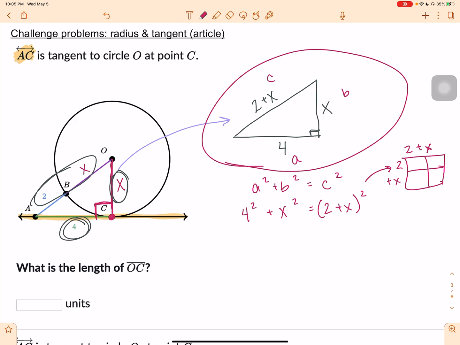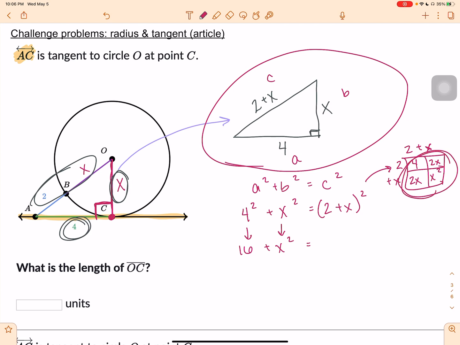Okay, 2 times 2 is 4. 2 times x is 2x. x times 2 is 2x. x times x is x squared. So here's what we have. 4 squared is 16. x squared is x squared. Equals this here.